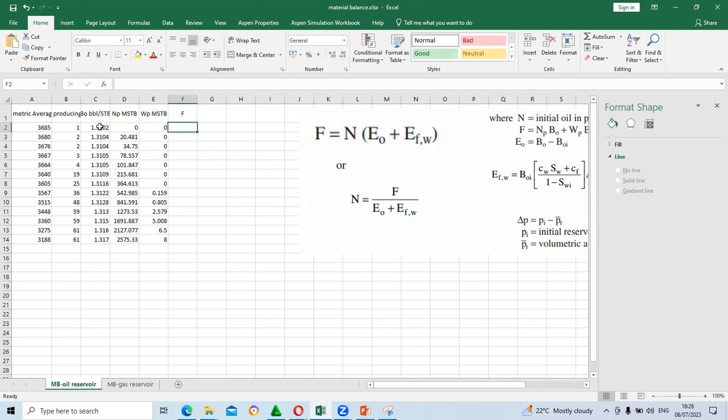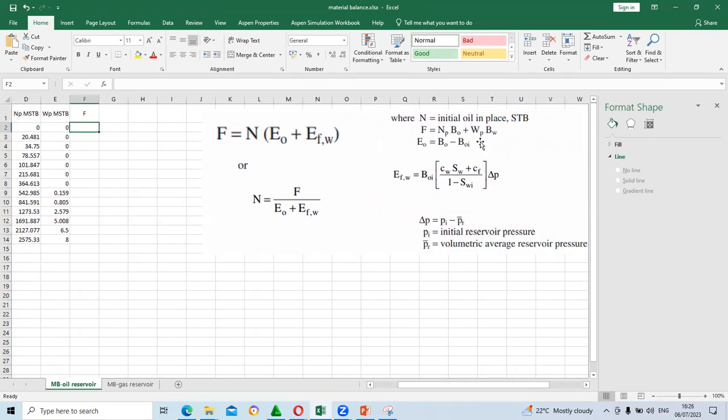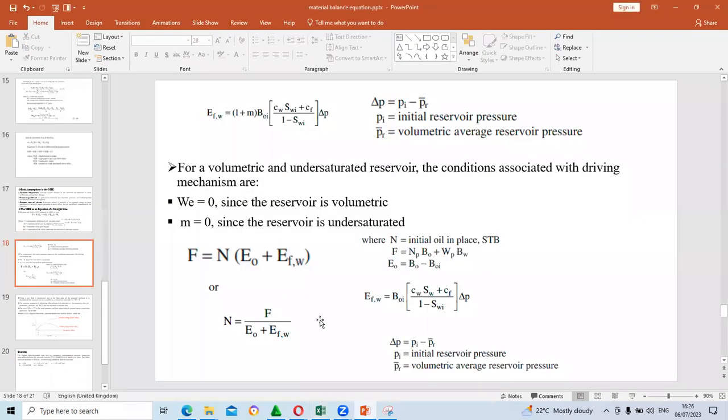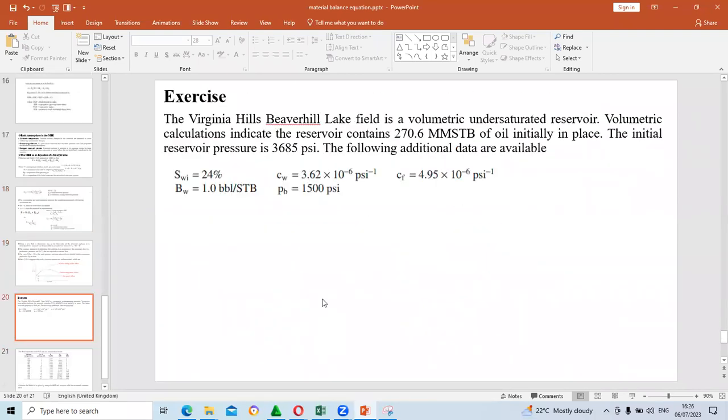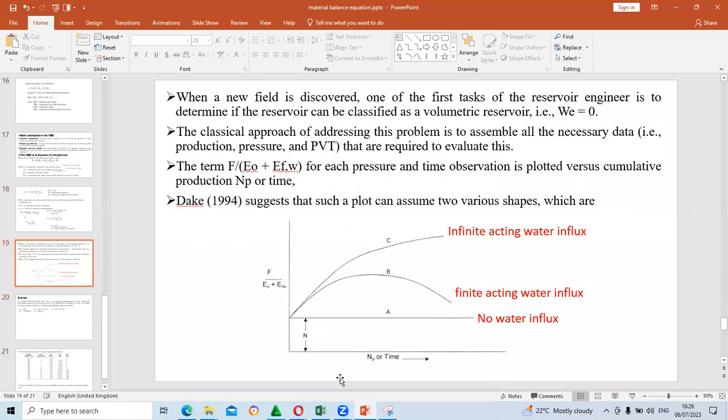This is our BO here. Then we have the water produced times the formation volume factor of water. If I just flip back, all right, the formation volume factor of water, we'll consider it as 1. It is in this equation, but there's no value for it, is it there? We'll consider it as 1. So we'll use it as 1.